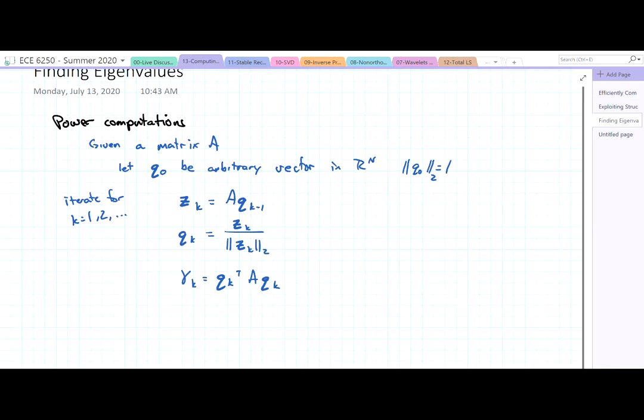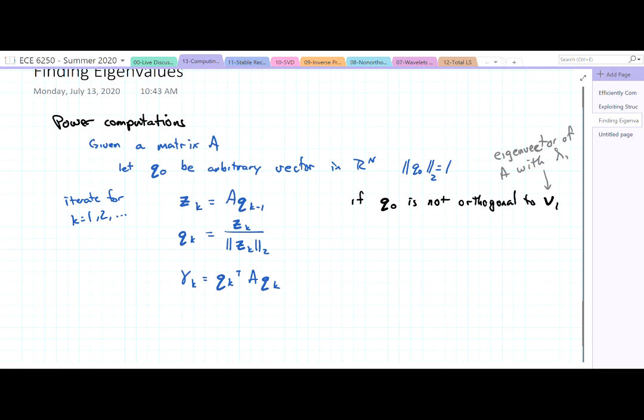So, what's going on here? Well, if Q naught is not orthogonal to V1, and V1 is the eigenvector of A with the largest eigenvalue, lambda 1, where lambda 1 is larger than all the rest of the eigenvalues.